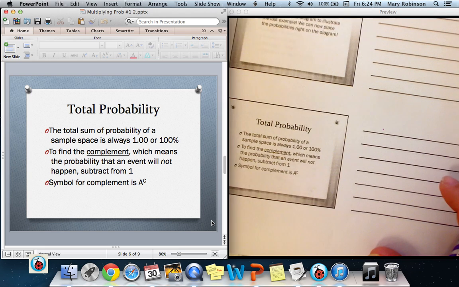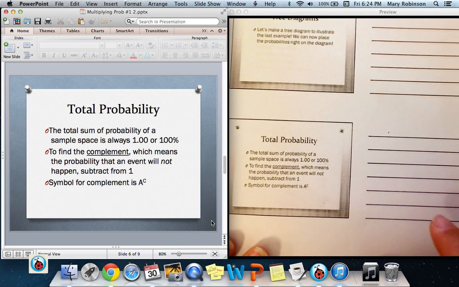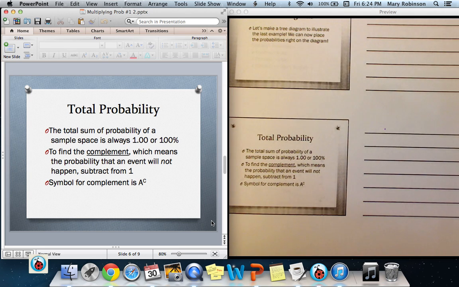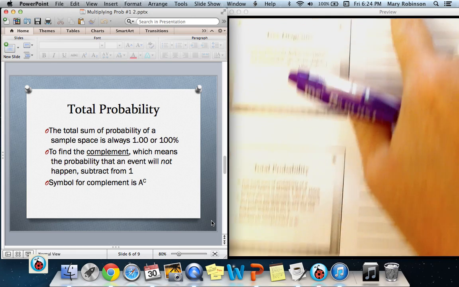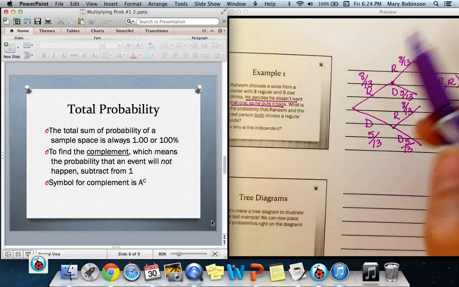Next, we need to understand total probability. The total sum of probability of a sample space is always equal to 1 or 100%. Remember we had talked about, we can actually illustrate this here on our tree diagram.